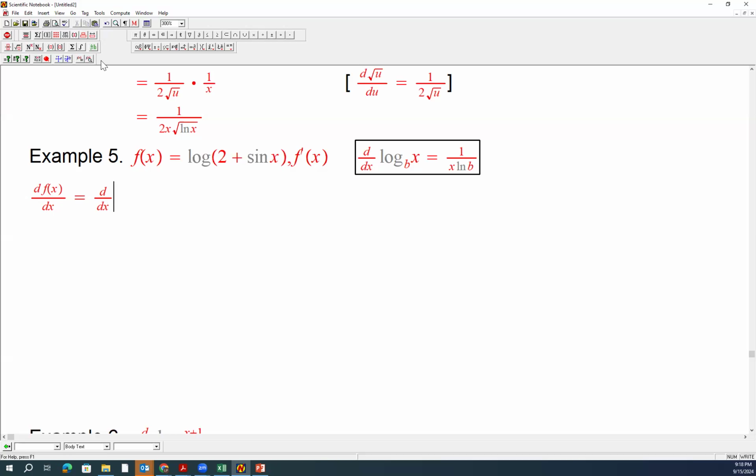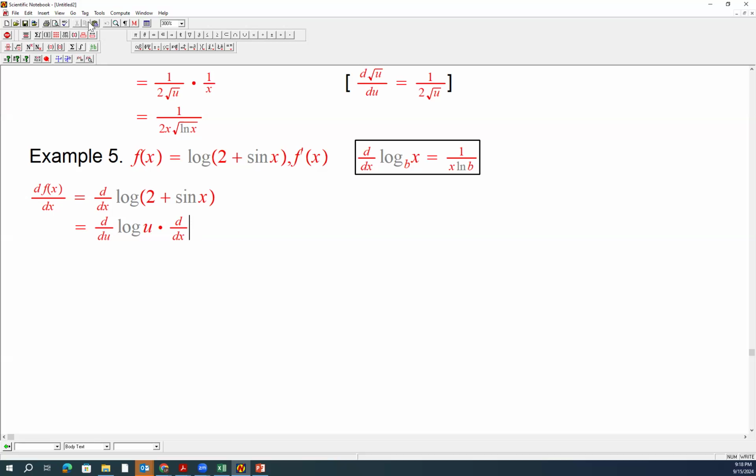So what we're going to do is apply the chain rule. So the derivative of a log, this is our u, du, multiply du dx.